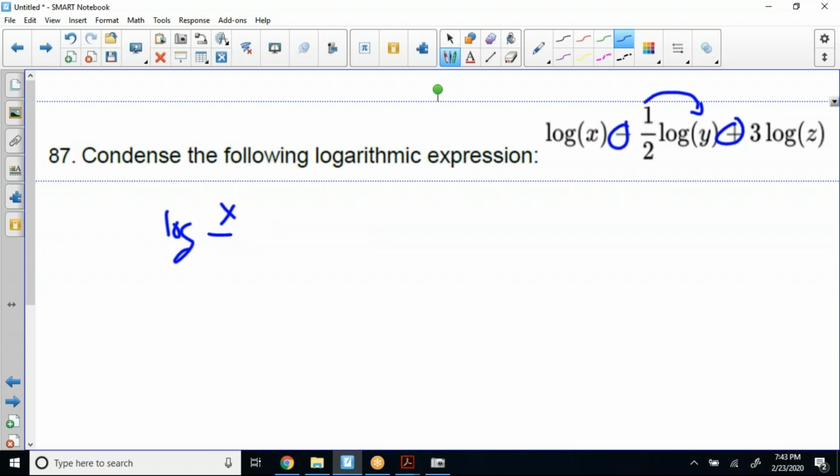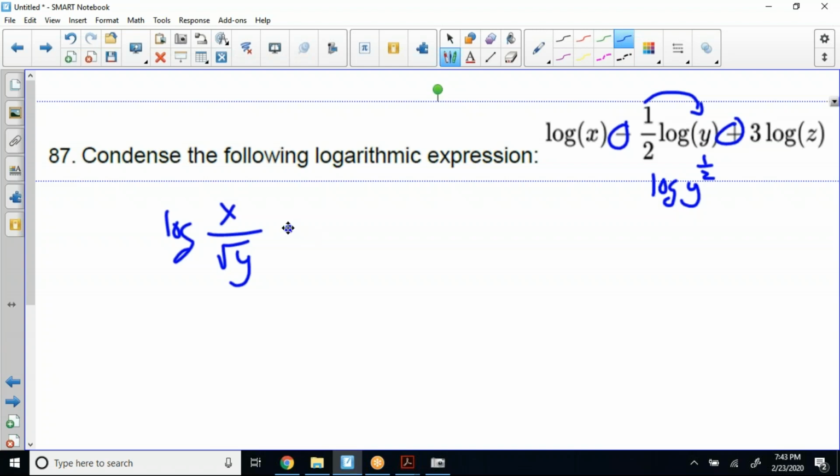That would be over the square root of y, because this would be log of y to the 1/2, and we know that if you have a fraction as a power, it's really a radical. The denominator of the fraction is the root, and the numerator is the power.